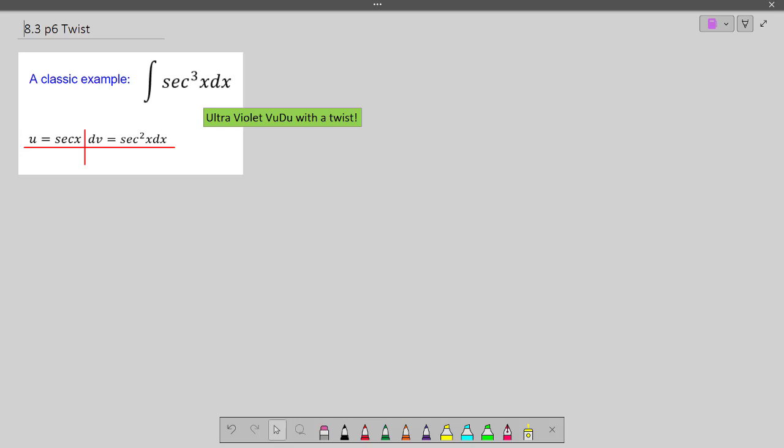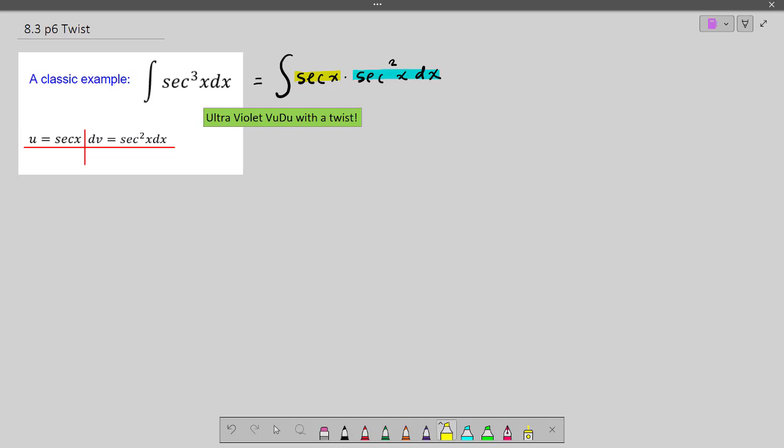We have seen integration by parts with a twist. We've seen it if you have an e to the x and a sine multiplied together, or an e to the x and a cosine. And what I'm saying here is that let's try integration by parts with a twist by separating the secant cubed into secant times secant squared, and then applying the integration by parts formula.